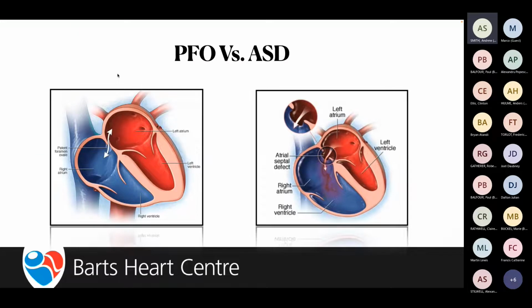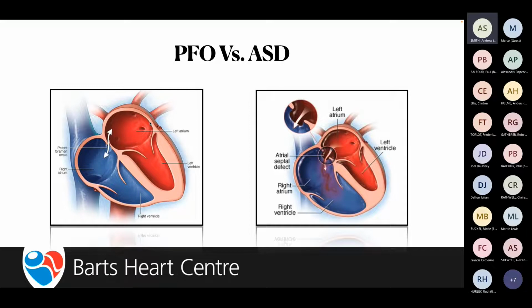So on the left-hand side, you've got a PFO, which is this flap type valve in the atrial septum, which you remember is required embryologically when you're not breathing oxygen. You get oxygen from the placenta, and this flap type valve allows venous blood to come into the right atrium and then bypass into the left atrium and go into the systemic circulation.